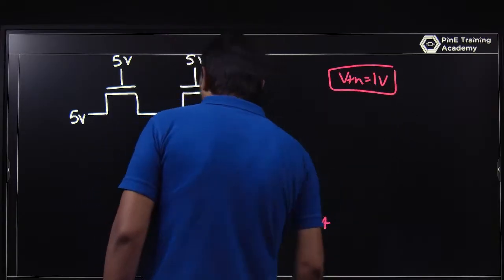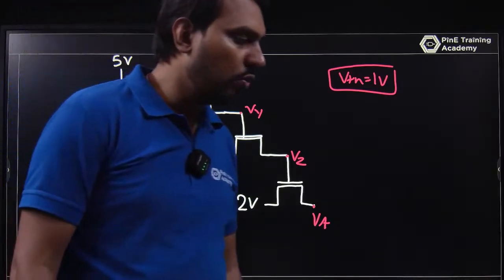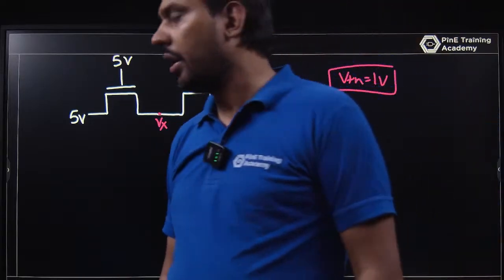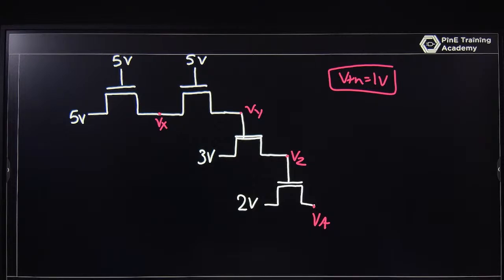Yes, please everyone, what is Vx, what is Vy, what is Vz when the threshold voltage of the MOSFET is 1 volt? Please be focused. If you have this type of question, what is the voltage here?